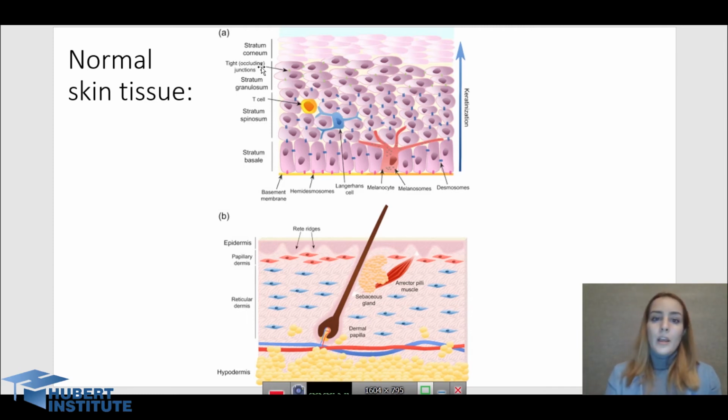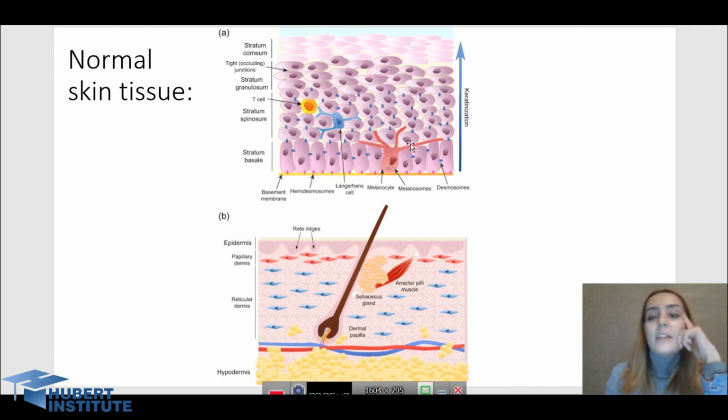We have some other cells in our skin tissue too: T cells and Langerhans cells. Langerhans cells are a kind of macrophage. These cells are very important to our immune system. As you know, skin is one of the most important parts of our immune system, since it's the biggest barrier around our body that keeps us from infections, bacteria, and everything.